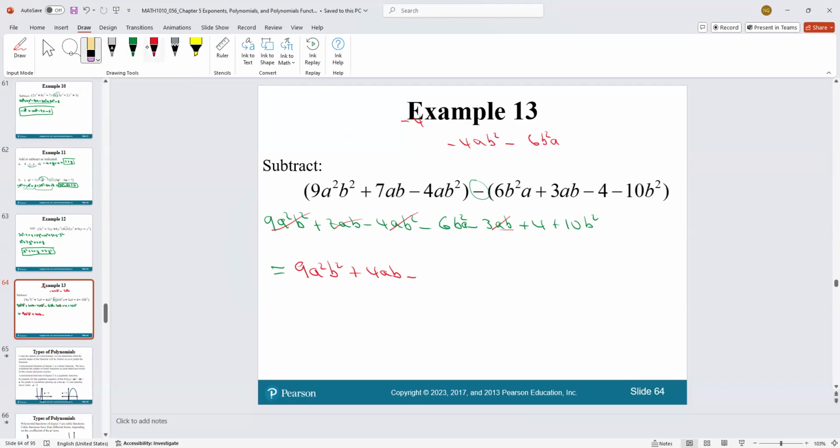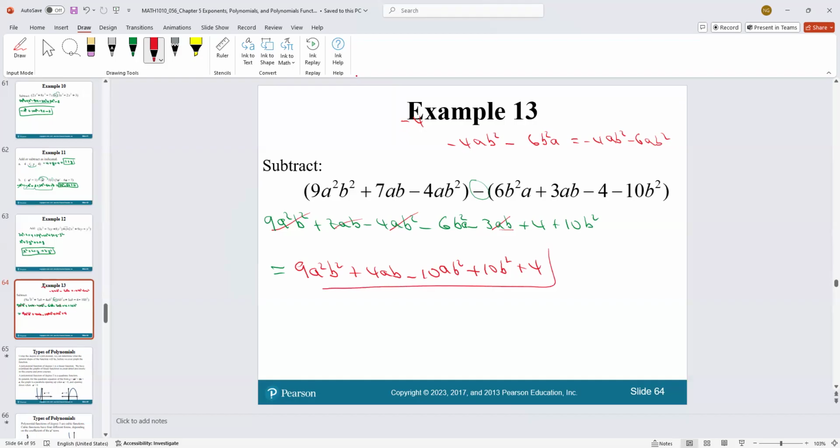If you want, you can rewrite it: negative 4ab squared minus 6ab squared. That gives us negative 10ab squared plus 10b squared plus 4, right? Plus 4. I think that's it.